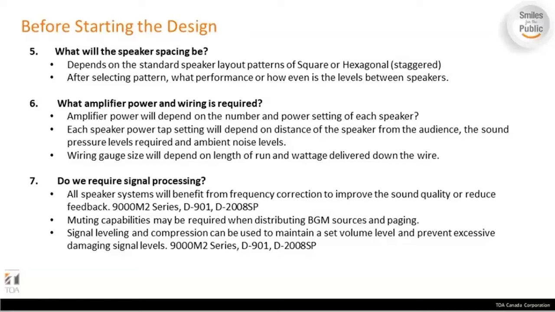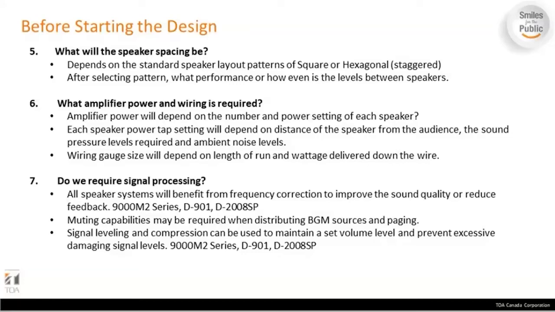Also, there has to be muting capabilities, right? So you have to get a list of what all the client needs. Let's say, for example, there is background music going on in a store environment, and there's an emergency page. When the receptionist or the person at the desk lifts the phone and gives a page, the system should be capable enough to cut down the background music and get in the page, since it's an emergency.